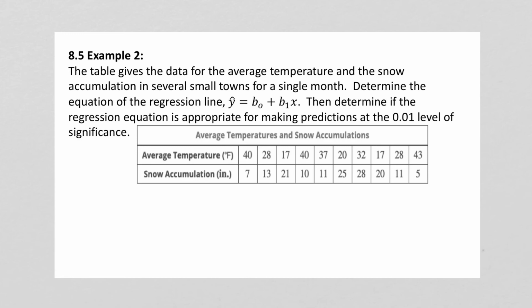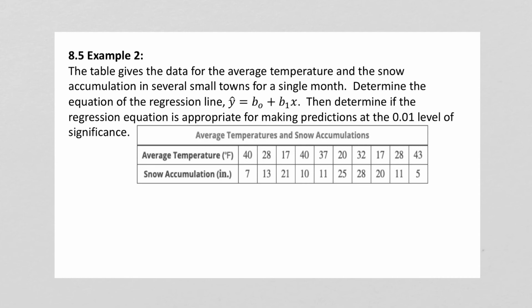When you put in your answer, you have to have the b naught first. So it has to be in this order here, or it's not going to count it right. Just a fair warning.